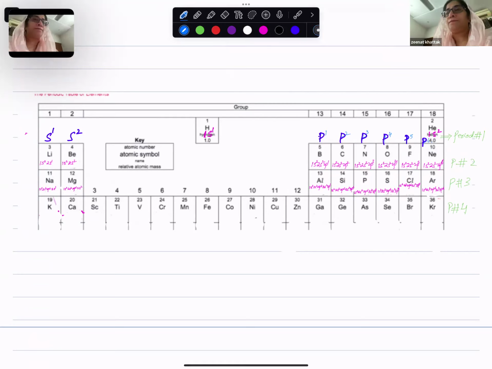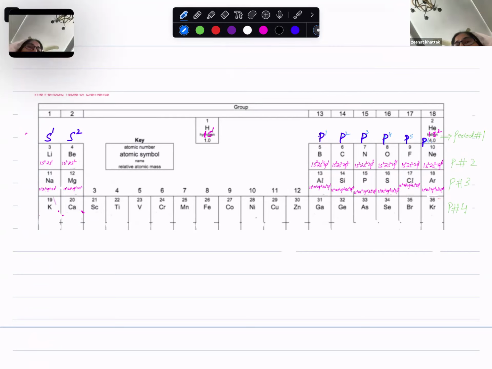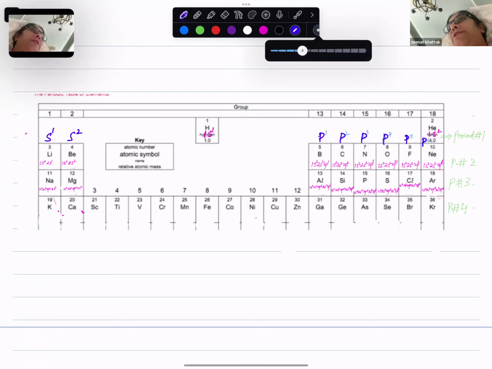Look. It's 90 degrees, so I'm writing the configuration downward, right?